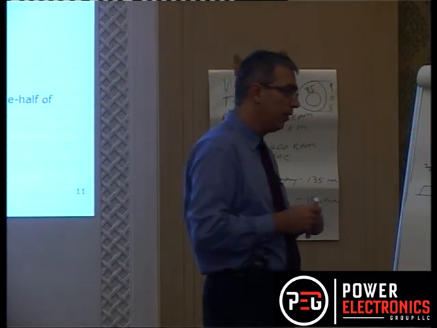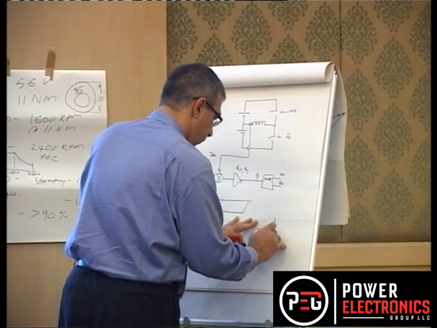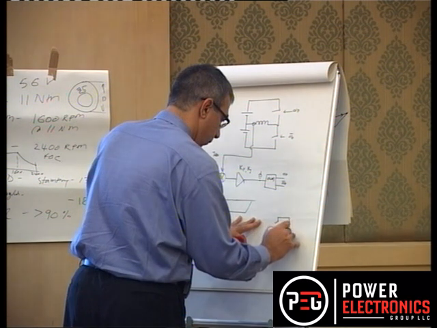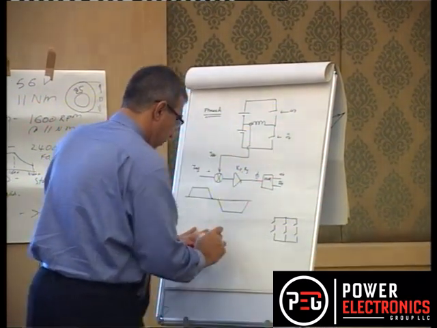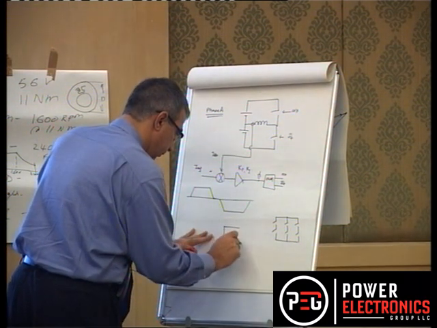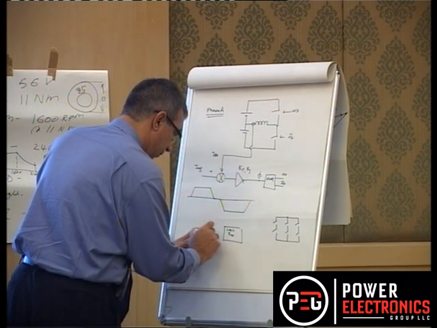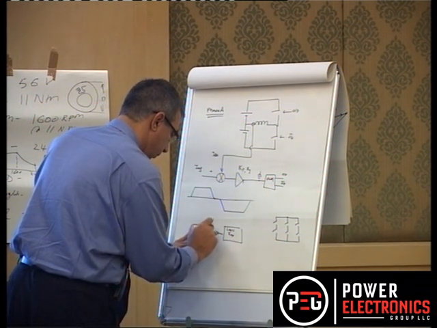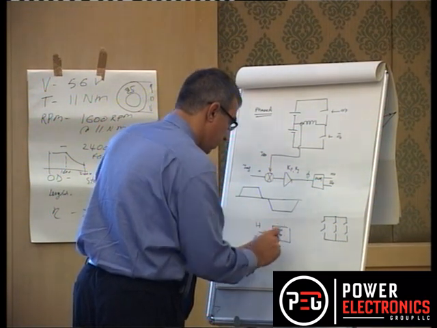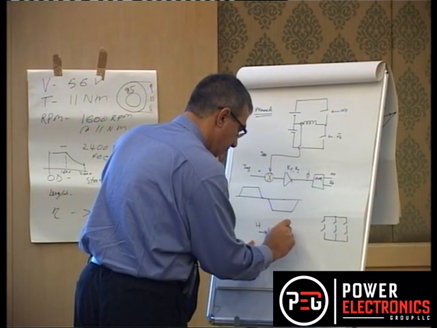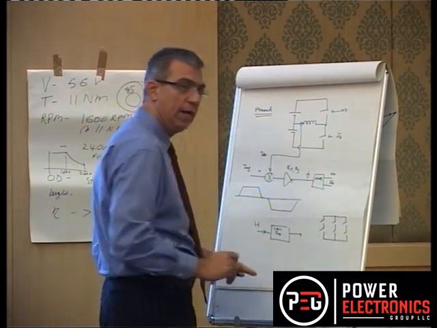Just contrast this with the case where I have got this logic box. I have got Hall sensor input here, and based on the Hall sensor position, I basically fire commands.